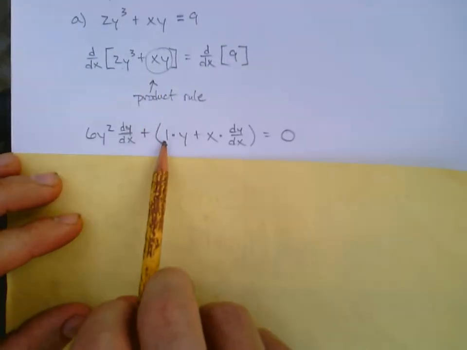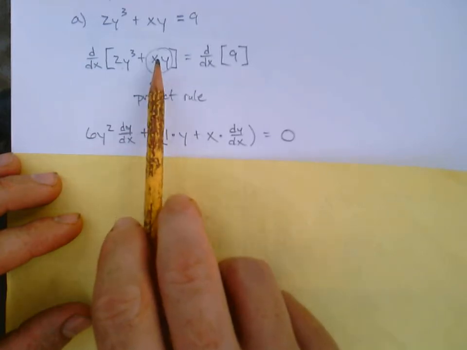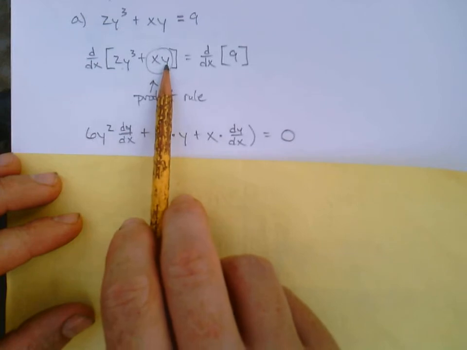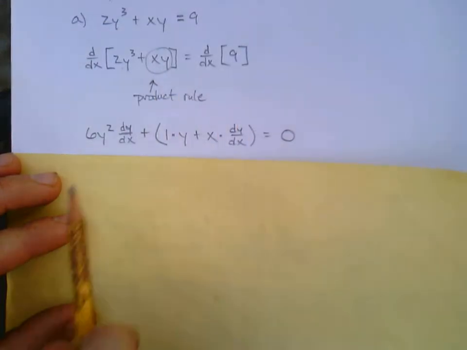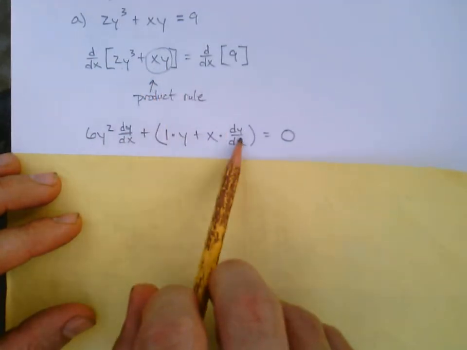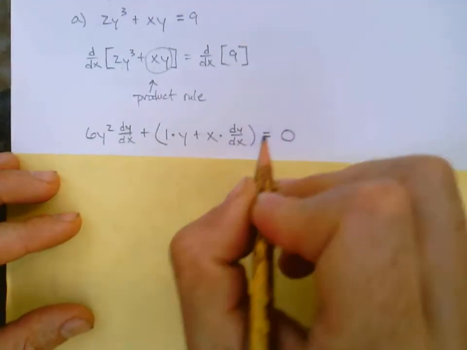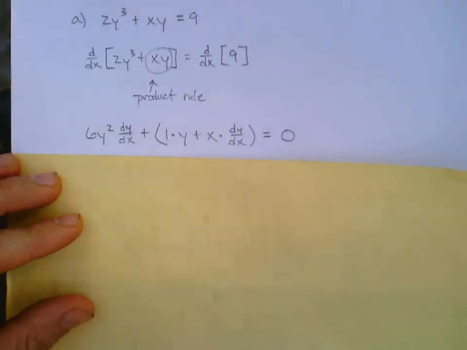So we got a derivative of x, and then we leave the y alone, plus we copy the x, multiply by now the derivative of y, which is dy over dx. So we've got derivative, copy, copy, derivative. Okay. And it equals, well, 0.